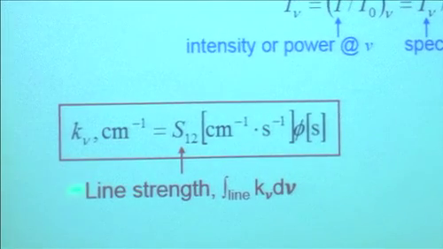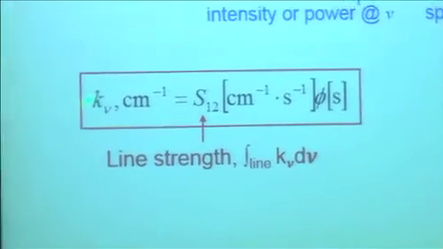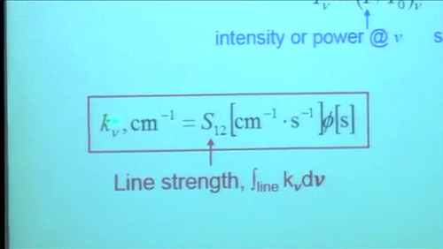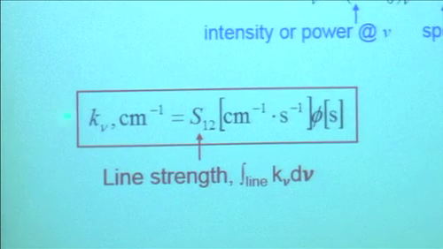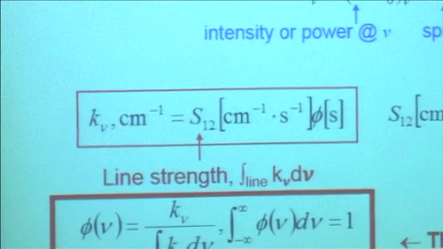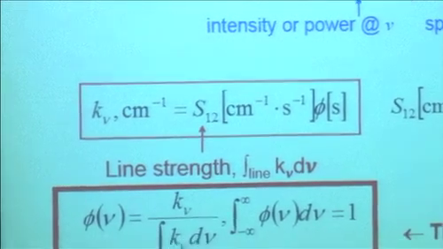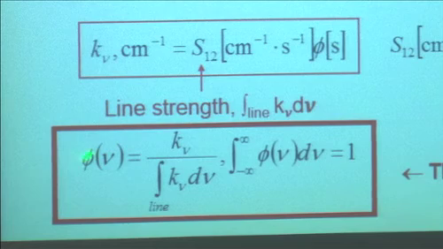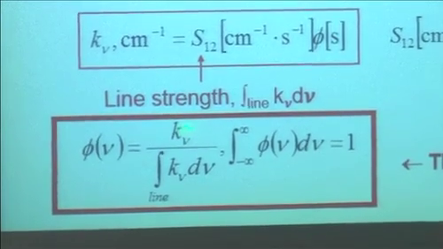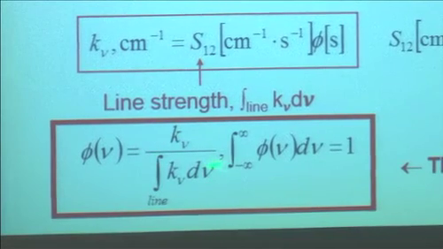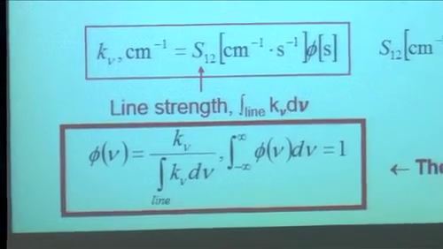And remember now, if we integrate K, if we integrate this over frequency, that term goes away. So S is nothing more than the integral of K nu d nu. There it is. So you can think of it different ways, but the line shape function is really the ratio of the local line's spectral absorptivity divided by the integral. Okay, that's the line shape function.